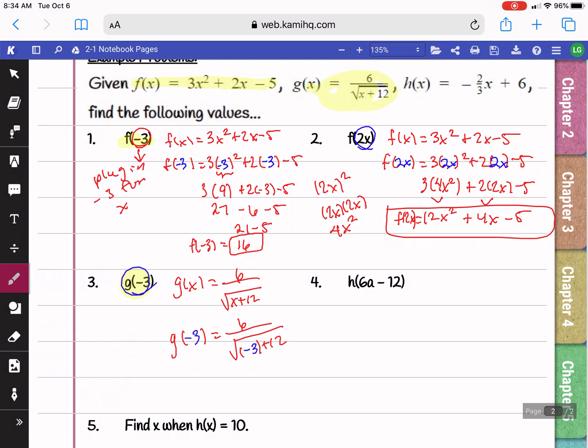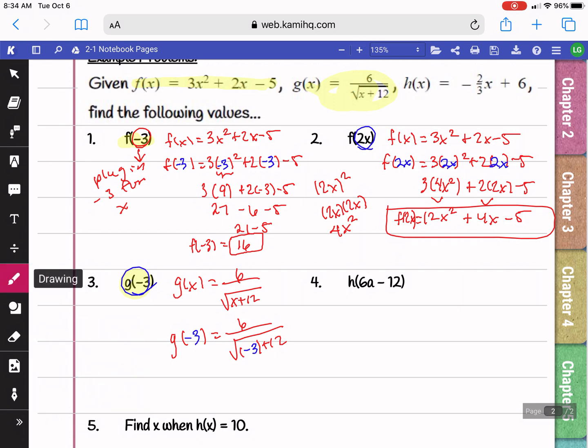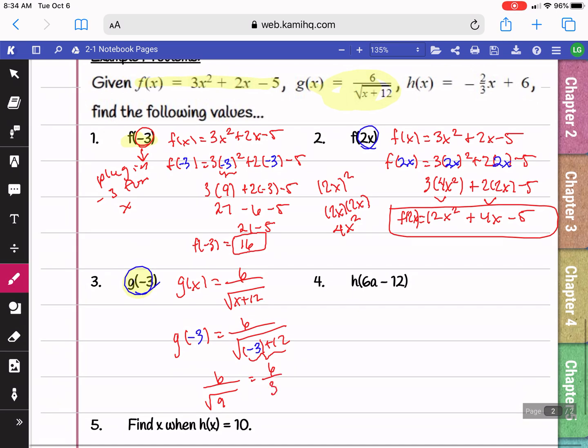Then I can work it out. Here, I would have 6 over the square root of negative 3 plus 12, which is 9. So this becomes 6 over the square root of 9. The square root of 9 is 3. Now 6 divided by 3 gives you 2. So g of negative 3 is equal to 2.